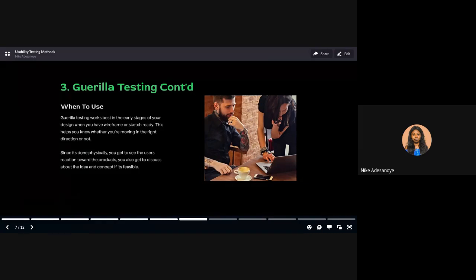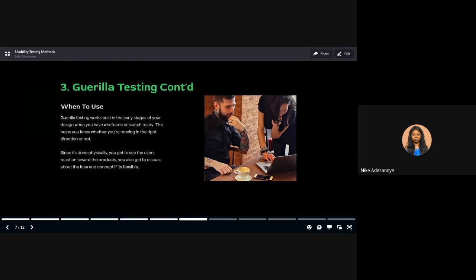Because the reason why there is usability testing is that you conduct usability testing and then you go back to iterate, right? Just to make things easier for your users. But when you see that there's a struggle or your metrics are not working, then you know that there's a problem. So try as much as possible to watch how these users are reacting to the product, their body language, exactly.